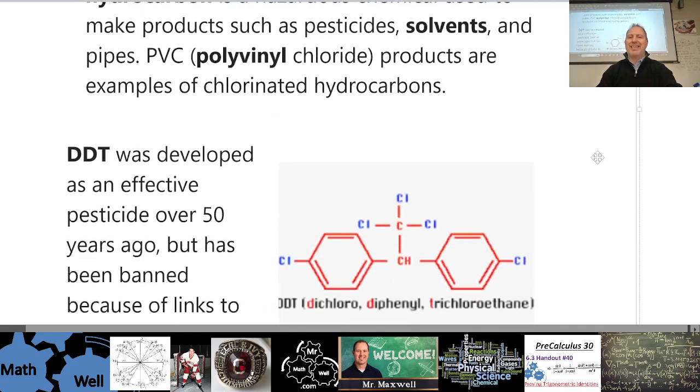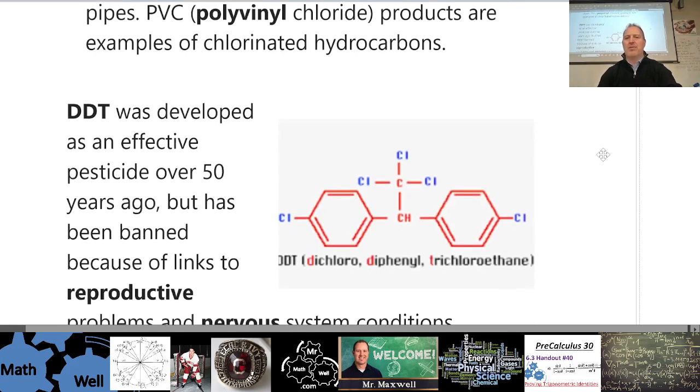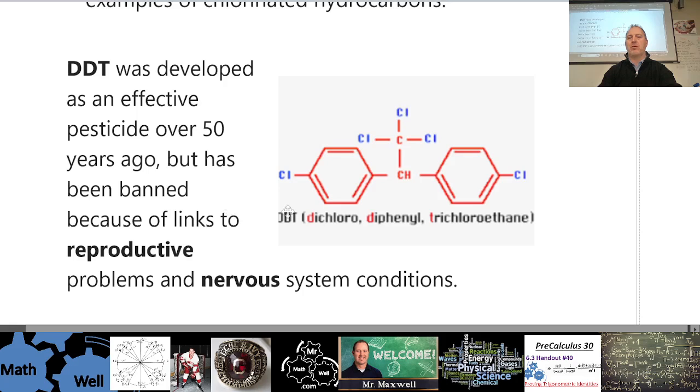All right, DDT. I'm not sure if you guys have heard of DDT before. DDT was developed as an effective pesticide over 50 years ago, but has been banned because of its links to reproductive problems and nervous system conditions. So this is also another type of chlorinated carbon, but also this has phenol. Okay, this is a phenol functional unit here.